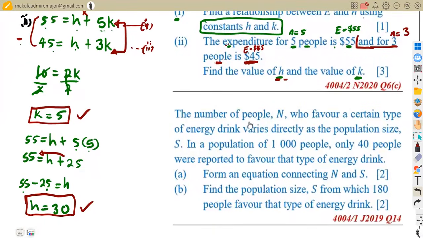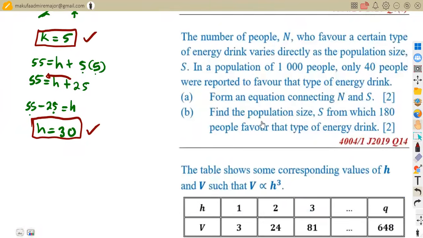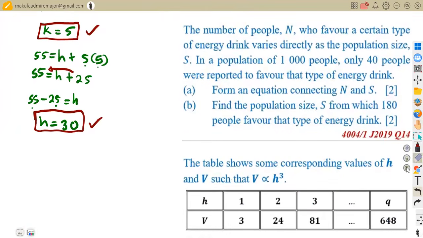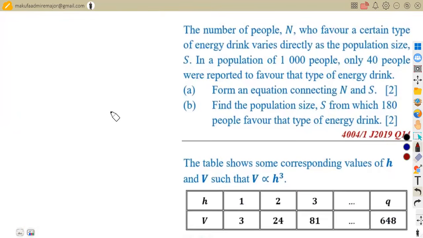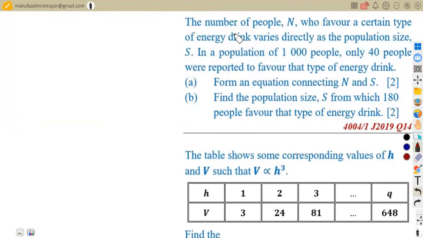All right, let's consider another part, which has a word problem. So it's not like every time you see a word problem, it's a partial variation. No, it's not like that. Let us check this one. The number of people N, we are given the number of people is represented by N. So whenever we see N, we see the number of people.